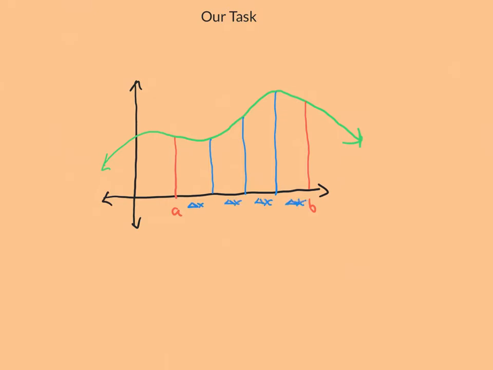And then the height of our rectangle is going to be found by picking a value to be a sample point, and we'll plug that sample point into our function to calculate the height. Typically what we're going to use is either the left endpoint or the right endpoint. So if we are going to use the left endpoint, I'm going to go through each subinterval.